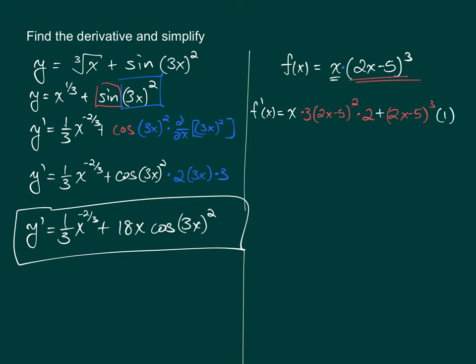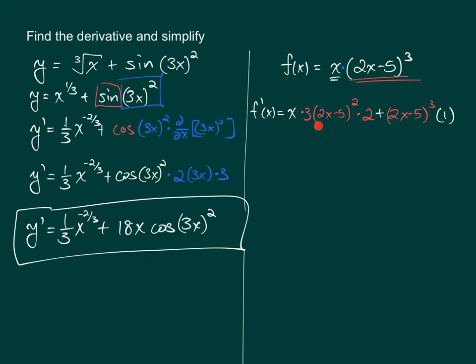So now to simplify this, the only simplifications that need to happen are a common factor, if there is one, and multiplication of any constants. Like here in this first term, there's a 2 being multiplied out back and a 3 being multiplied out front.